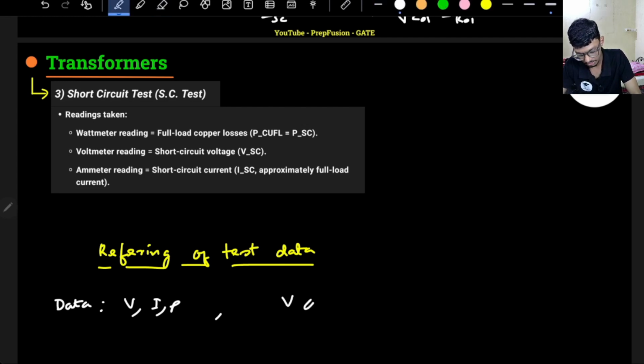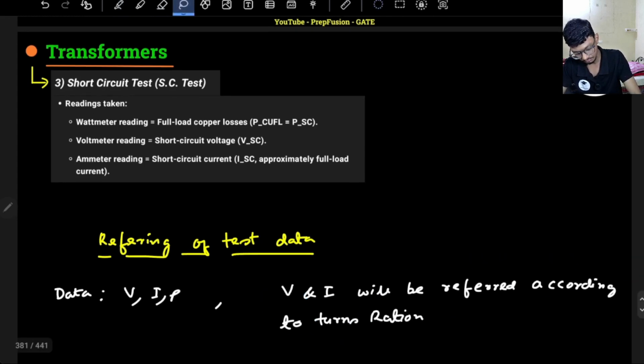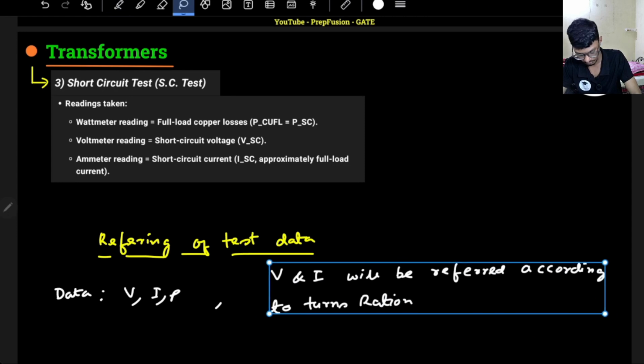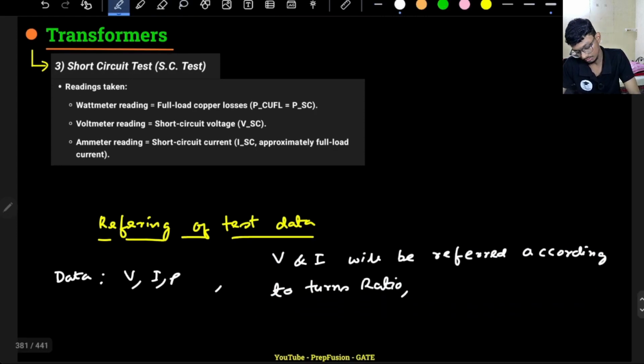So voltage and current will be referred according to the turns ratio, and the power remains the same, it will not change.